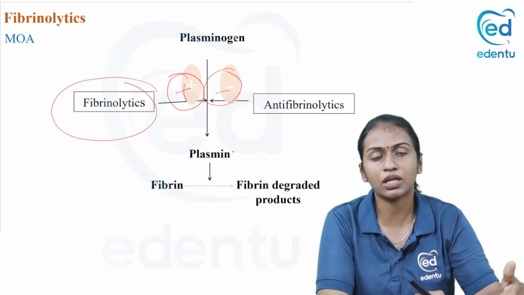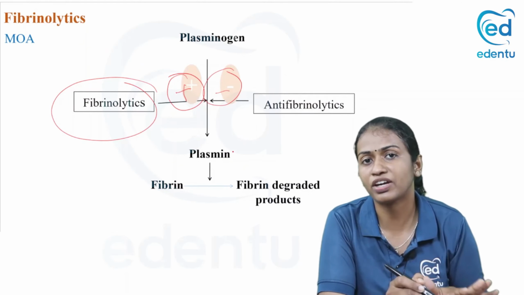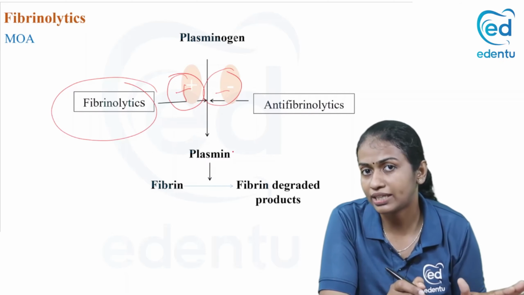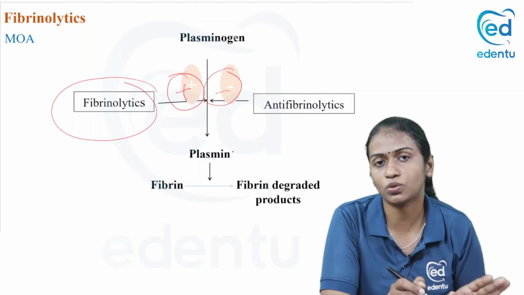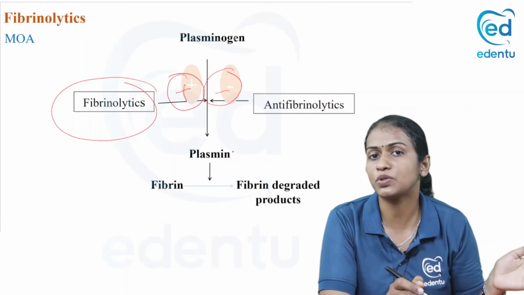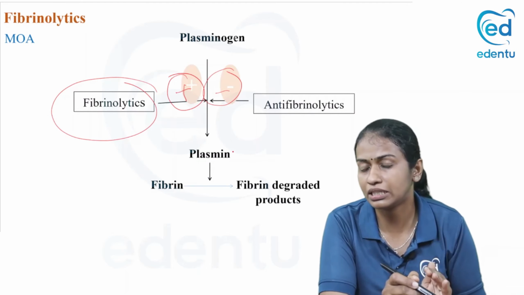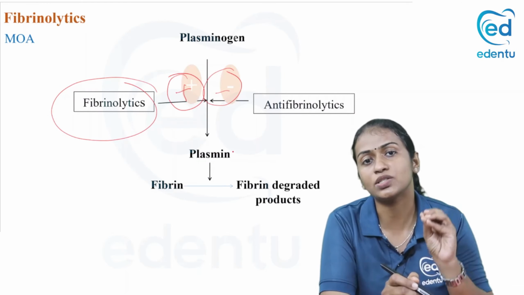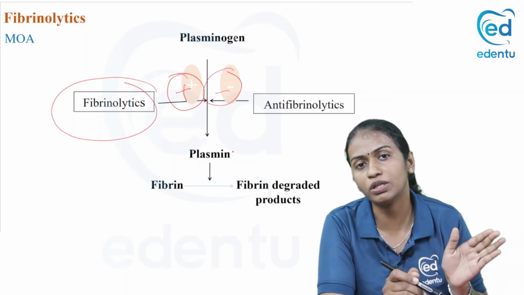So plasmin will convert fibrin to fibrin degraded products. Is that clear? The mechanism of action of fibrinolytics, otherwise known as plasminogen activators, otherwise known as thrombolytics. So they convert plasminogen to plasmin, and this plasmin will convert fibrin to fibrin degraded products and helps in dissolving the clot and thereby recanalizing the occluded blood vessels.